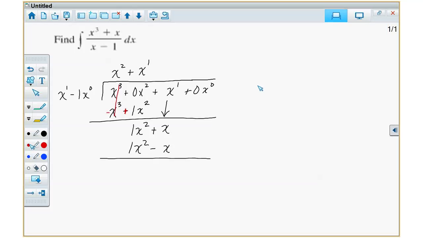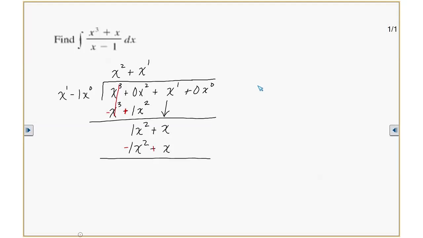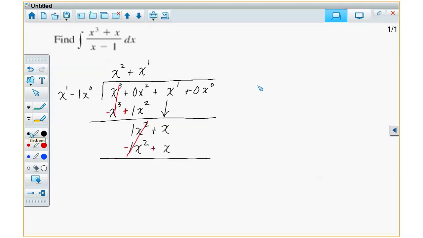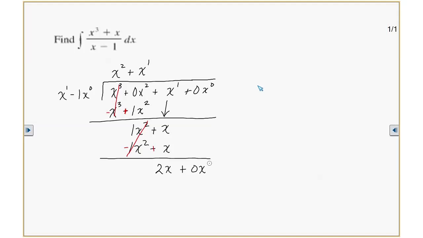Appreciate the interaction. You always subtract, which will make this a negative, and this a positive. The first term always cancels. And that'll give you x plus x is 2x plus 0x to the 0.